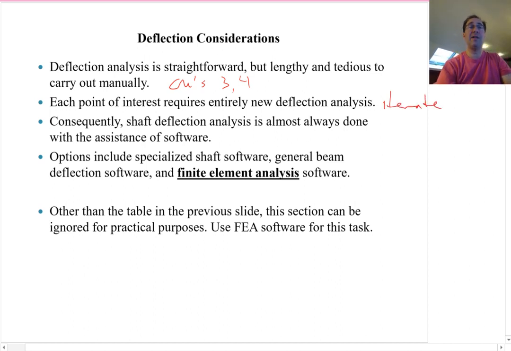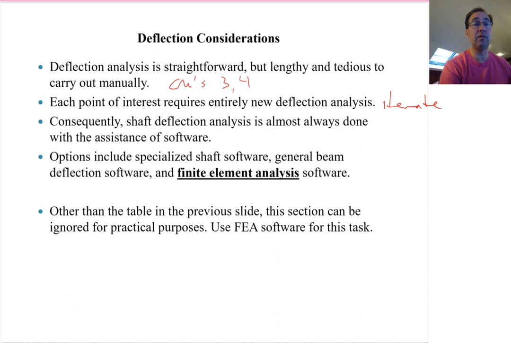Even though it's a simple process, it's a lot of work, and there's a lot of avenue to introduce error. Once you have 10 or 20 pages of handwritten analysis, it's almost a guarantee that there's an error in there somewhere.